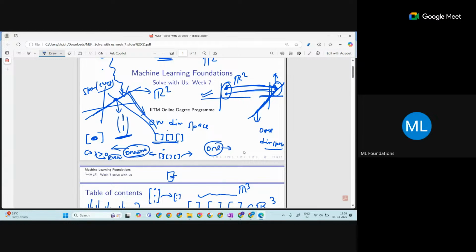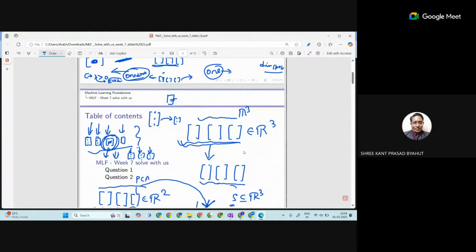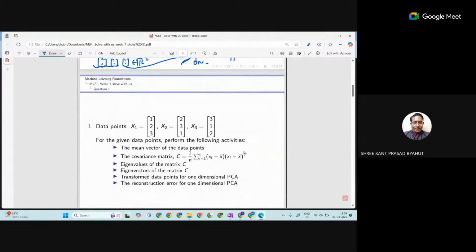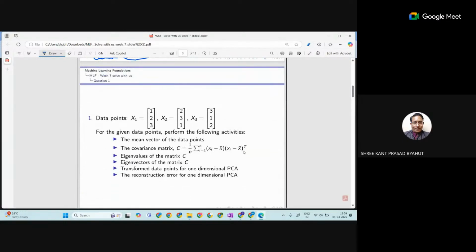Can we say that the higher the eigenvalue, the more important that dimension is? Yes. Whatever data I have, I choose the greatest eigenvalues. Why do we choose the greatest? Because the higher the eigenvalue, the more important that direction is.